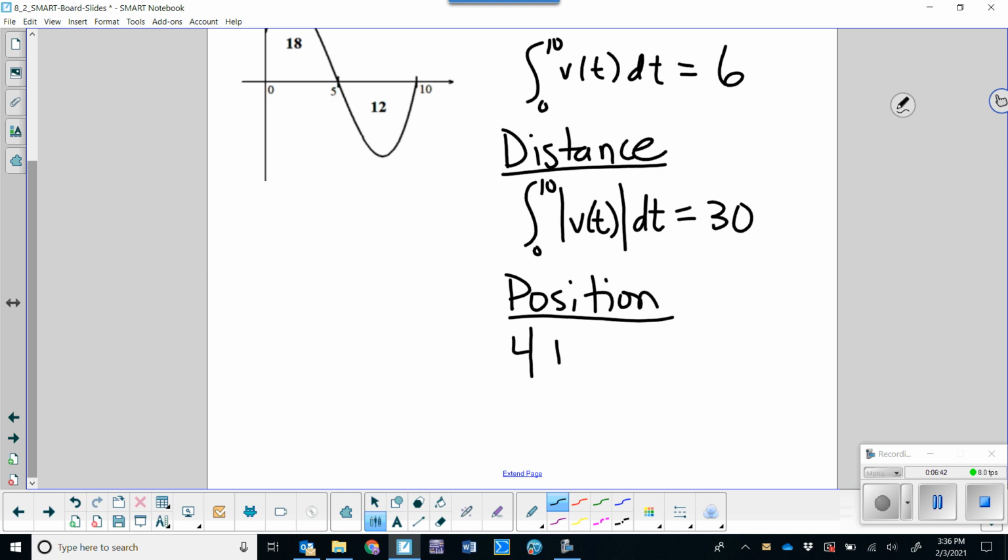So I have to take 4 plus the integral from 0 to 10 of v of t dt, because that's the displacement. So if I started at 4, in this case, I went 18 to the right and 12 to the left. So that means my position will end up being 10. That's where I am on the number line.